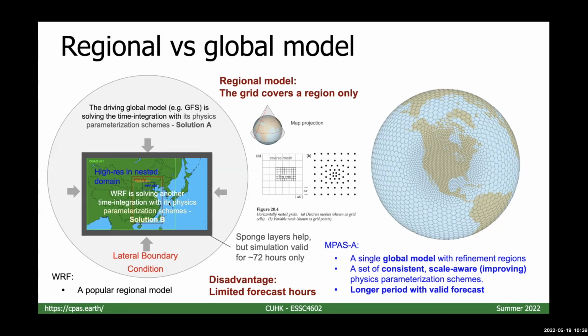And therefore, usually when you use a regional model, you just use the simulated results up to about 72 hours.